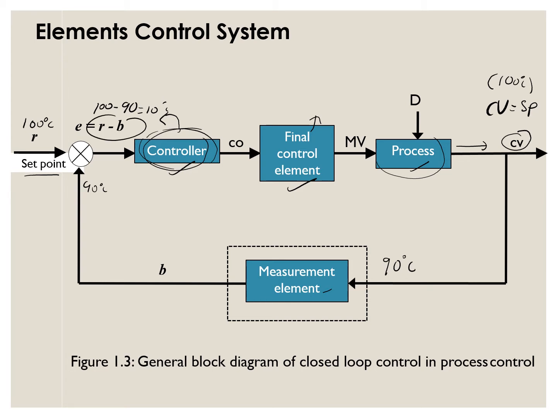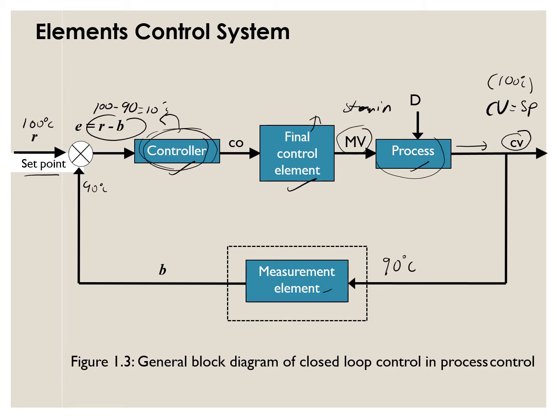Normally the final control element, which is the valve, is located at the manipulated variable. For example, like we discussed in the previous video, our manipulated variable is the steam in, in red.